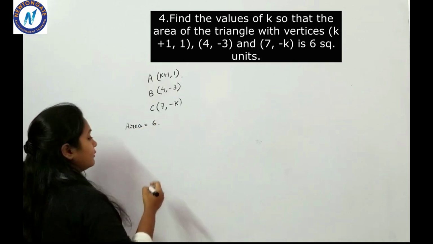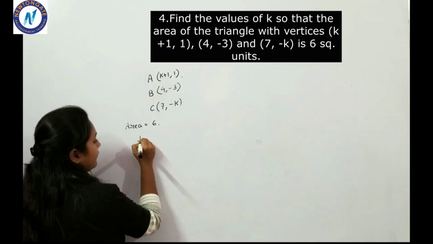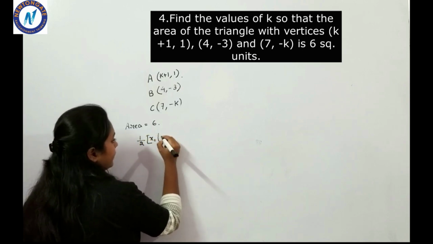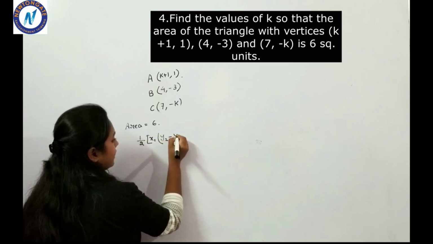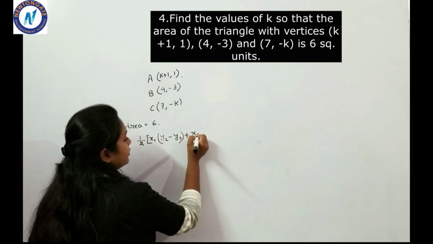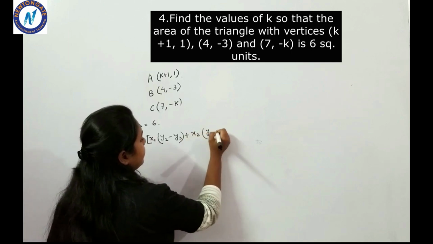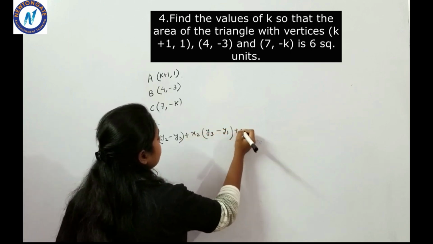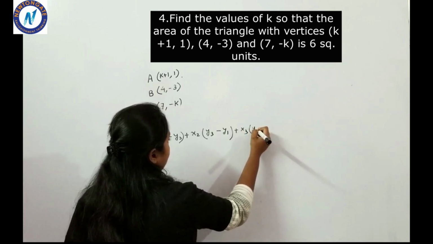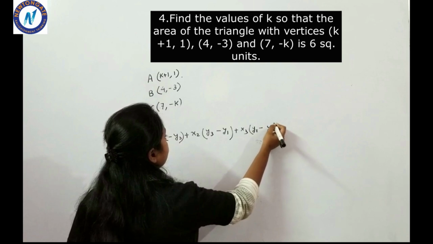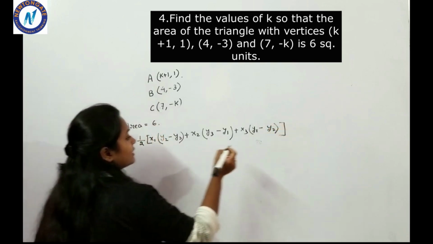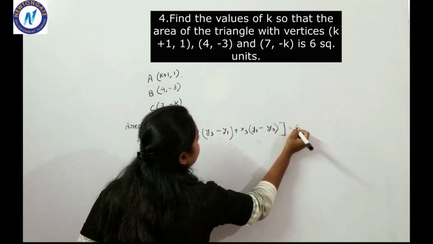Now the formula for the area of a triangle is half into x1 multiplied with y2 minus y3 plus x2 multiplied with y3 minus y1 plus x3 multiplied with y1 minus y2, and the area of the triangle is 6. Here we put the value of 6.